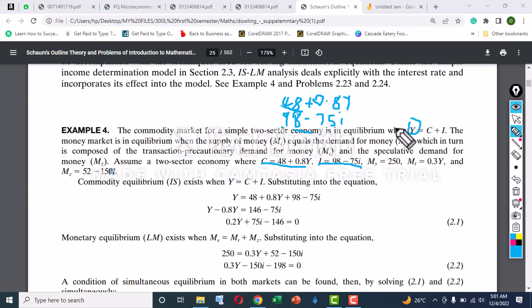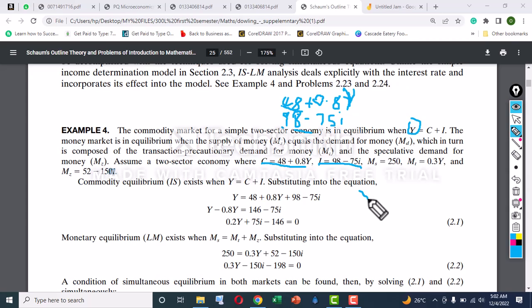48 plus 98 will give us 146. So that's how we come about this 146 here. So we have 0.8Y here, and we have 75i here. We cannot add those two together, so they'll stay on their own. 0.8Y will stay on its own, 75i will stay on its own. And remember, everything gives our national income.